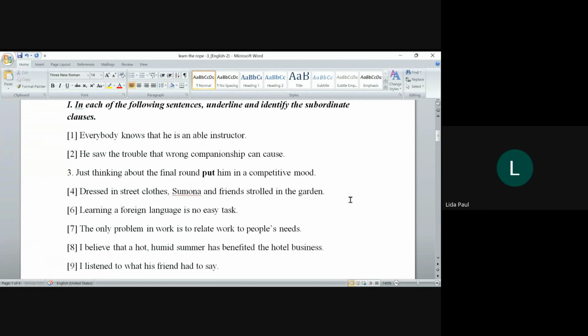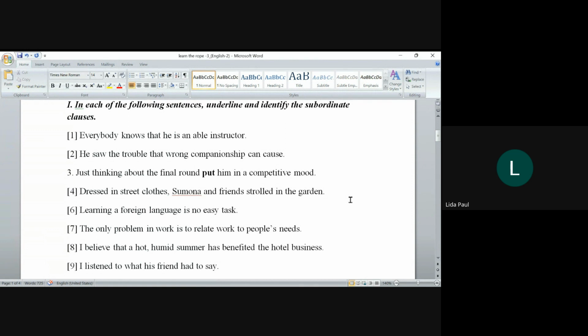Yeah, dressed in street clothes, right? Because look at this. Simona and friends strolled in the garden is what? It's an independent clause. It has a compound subject, which is Simona and friends. It has a verb stroll, right? And it has a prepositional phrase to complete its sense. So it's a full sentence in itself. But dressed in street clothes is the part which is incomplete here. So this is a subordinate clause. Okay.